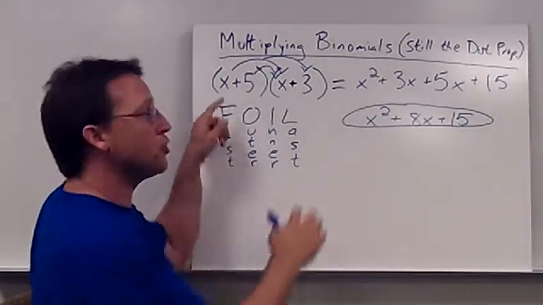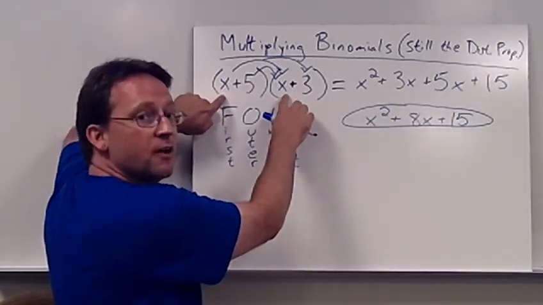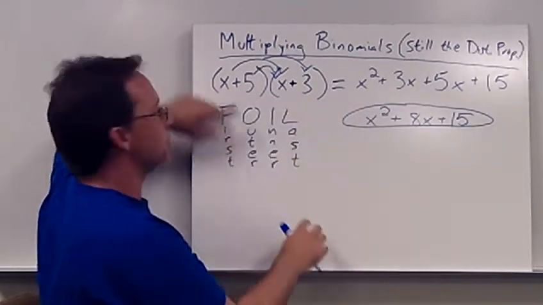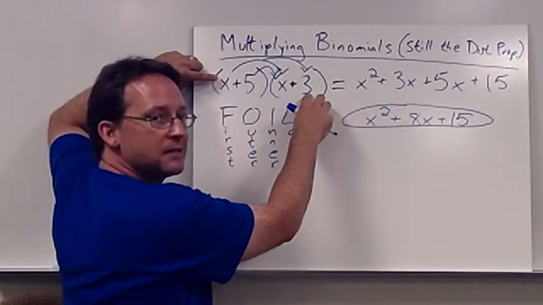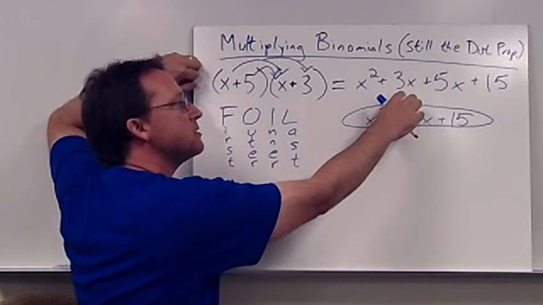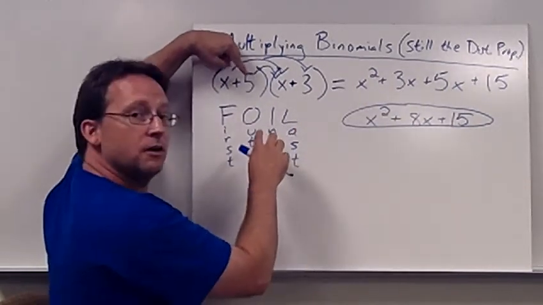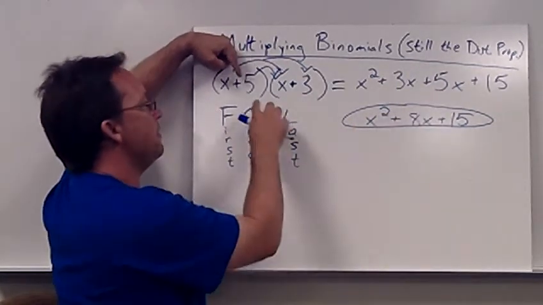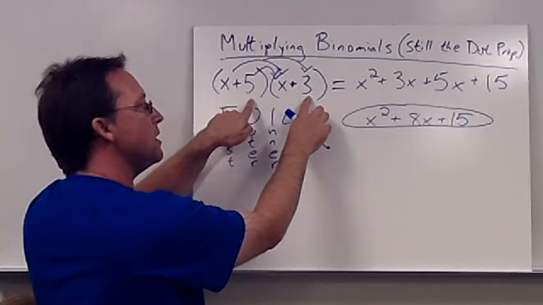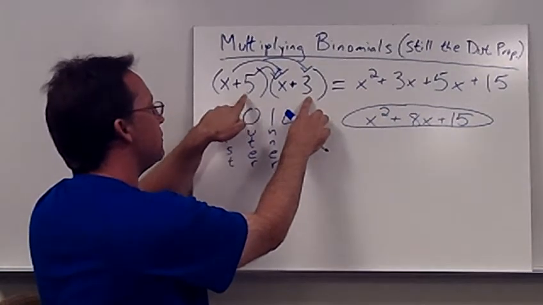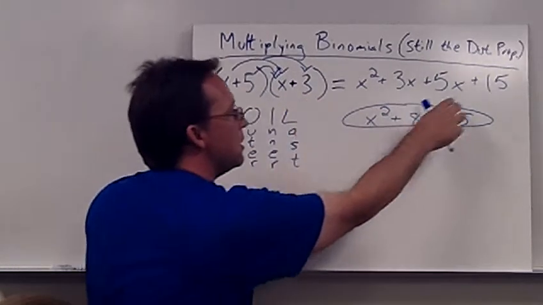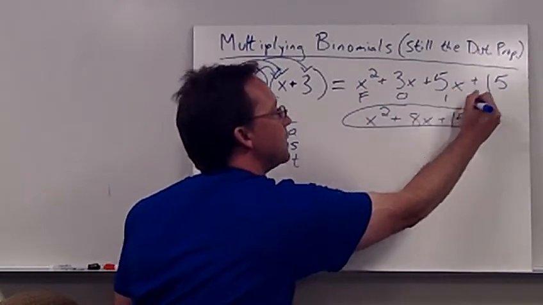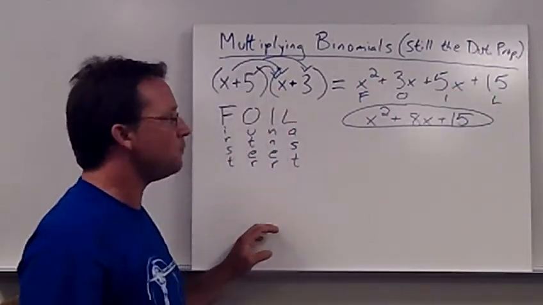You're multiplying the first terms of each together, x times x, you get x squared. You're multiplying the outer terms, the x times the positive 3, and that's where that plus 3x comes from. The inner, you've got a 5 times an x, plus 5x. And then for the last term in each of these, positive 5 times positive 3, you get the plus 15. So that's where the FOIL idea comes in.